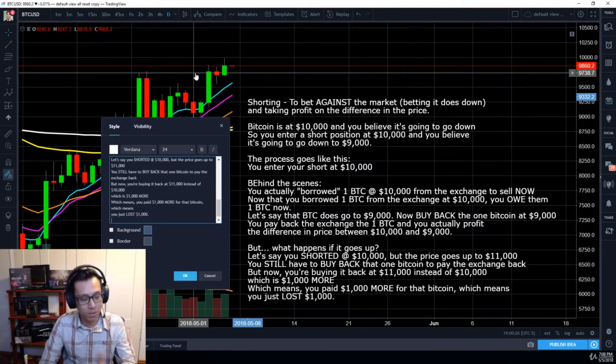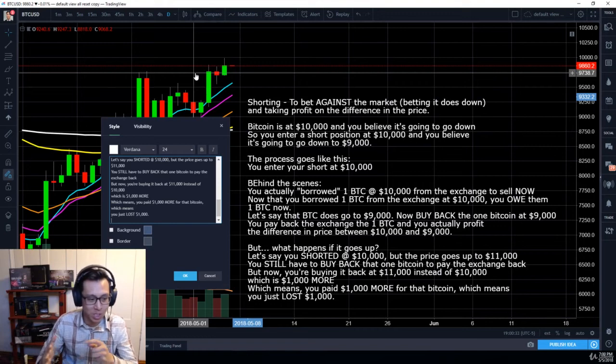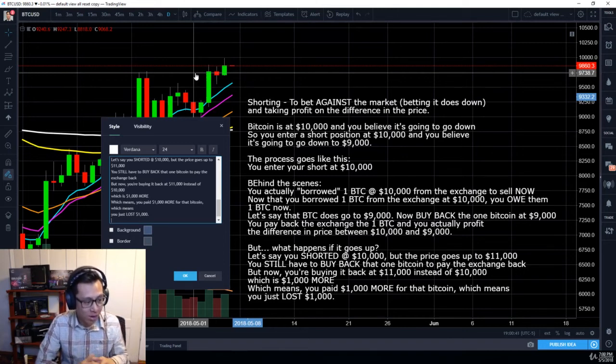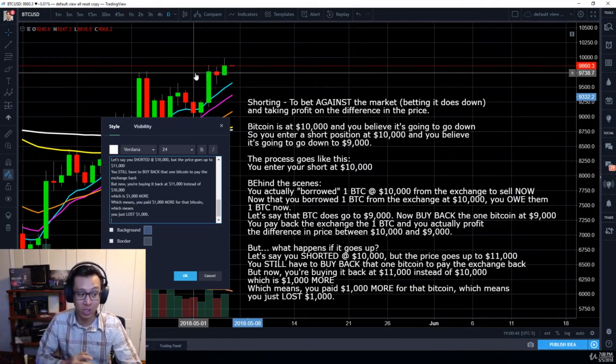So if you're betting that the market is going up in a long position, but the price actually goes down, then you're out money. But if you are in a short position and you're betting that the market will go down, but it actually goes up in price, then you're losing money. It is the exact opposite concept.